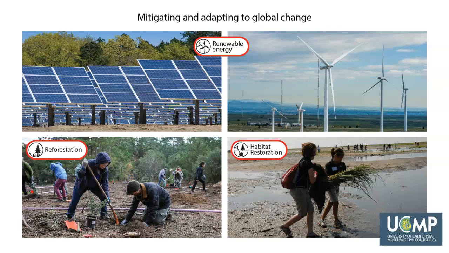Our ability to innovate will hopefully allow humans to mitigate climate change and be resilient in a changing world. Restoring habitats such as coastal environments can benefit human populations by buffering cities from rising sea levels.